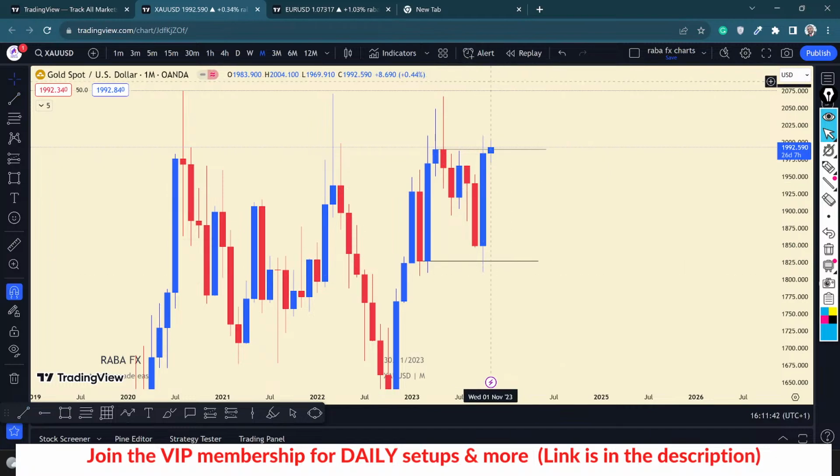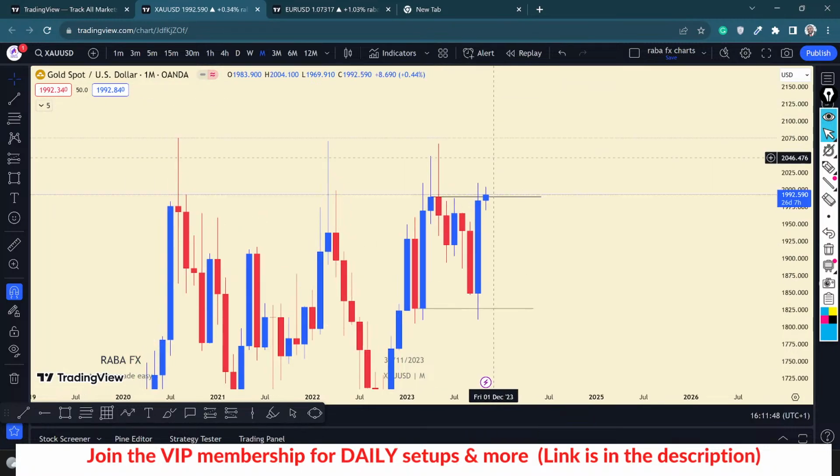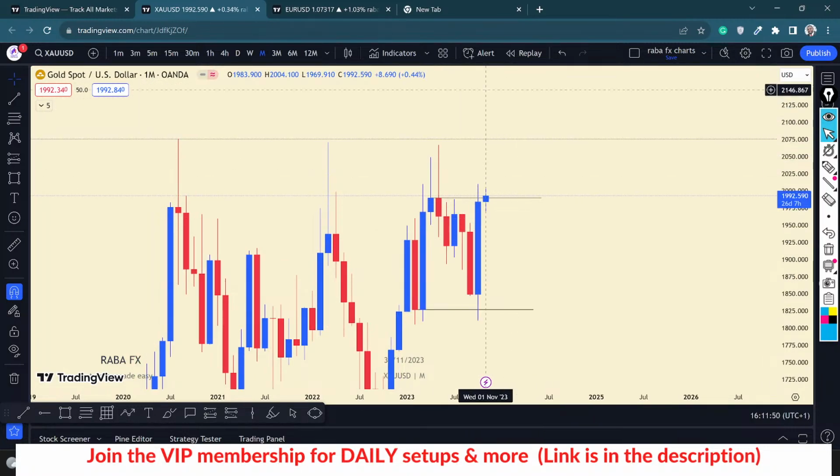This is a bullish market, because of this rejection here, which created a bullish story for the monthly. So we are looking for price to go higher, maybe a retest of this area here, this break and retest. The moment we get this break and retest, you can go to your lower time frame and start framing your bullish setup.